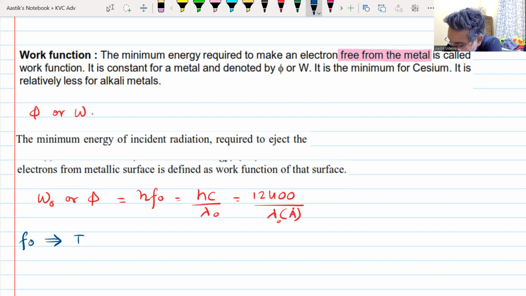This f naught is known as the threshold frequency, and this lambda naught is known as the threshold wavelength.